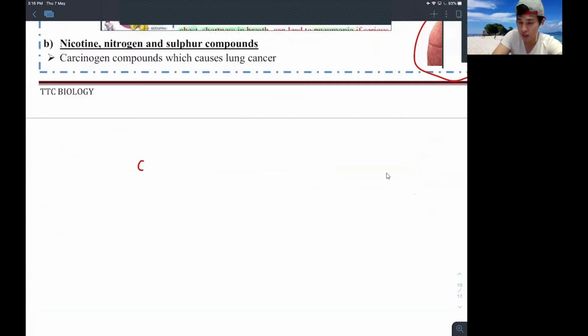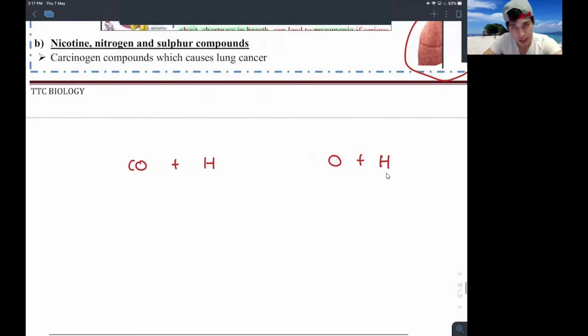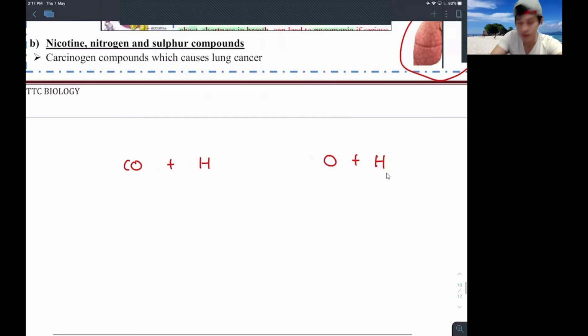Let me give an example here. So we have carbon monoxide and hemoglobin, and oxygen plus hemoglobin. When these two combine, as we mentioned, this one forms carboxyhemoglobin, and this one forms oxyhemoglobin.